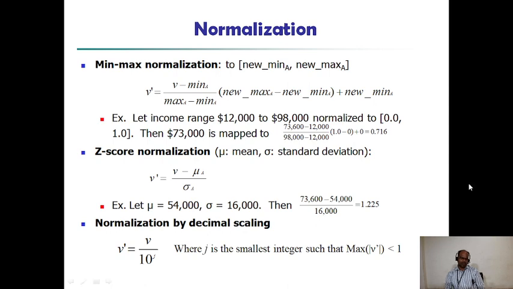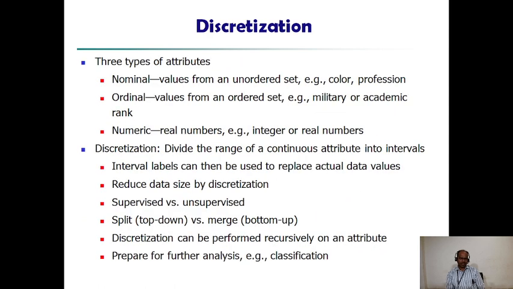Using the formula, we fit this 73,000 value into 0.716. Like that, we perform normalizations in the data transformation steps, and different techniques are available.